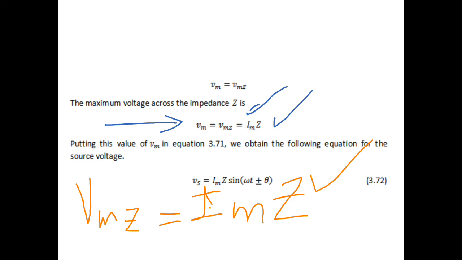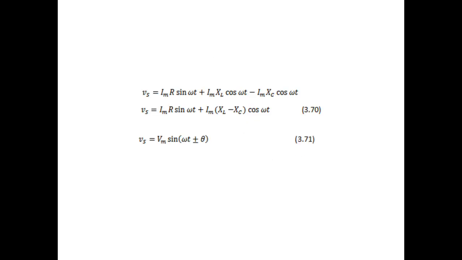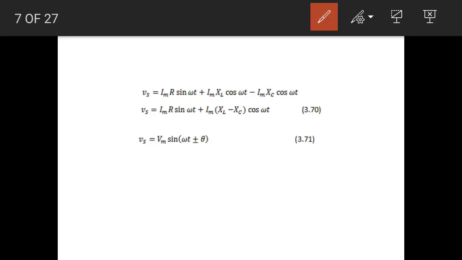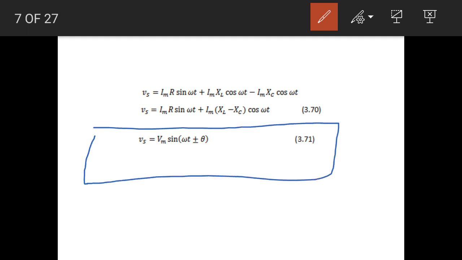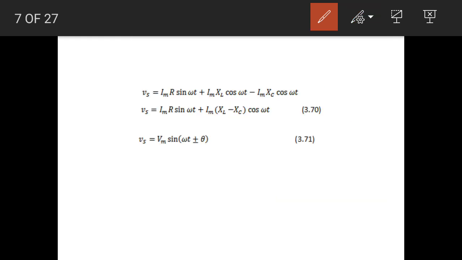So what we do, we put the value of Vm in equation number 3.71. Here is equation number 3.71, and we put the value of Vm in this particular equation, where Vm is equal to the maximum value of the current multiplied by the impedance of this series combination. So let us put this value of the maximum voltage in equation number 3.71.